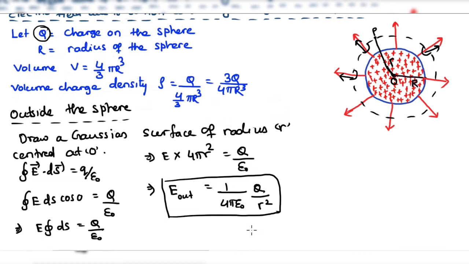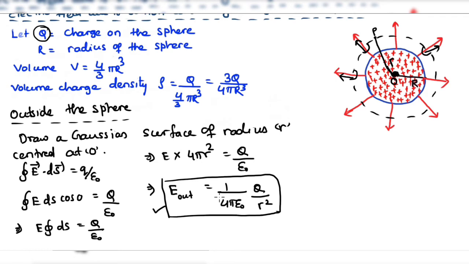Means when you are finding the electric field outside a sphere, you can assume that the total charge of the sphere is concentrated at the center. If you assume that the total charge Q of the sphere is concentrated at the center O, then the electric field at point P will have this same value. So E outside will be equal to 1 by 4 pi epsilon naught Q by r square. This result is similar to the electric field due to a spherical shell.